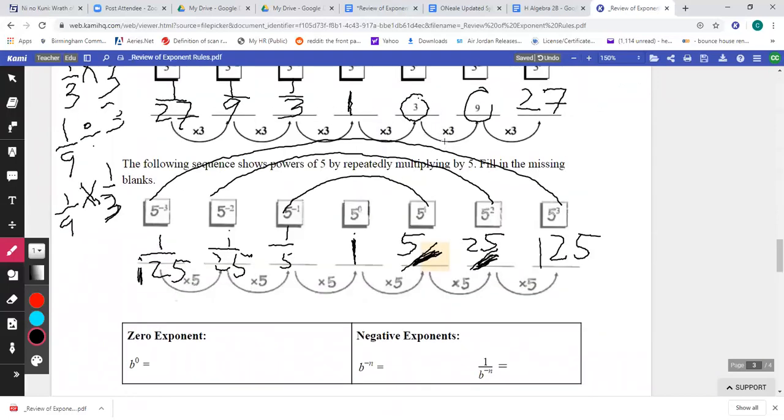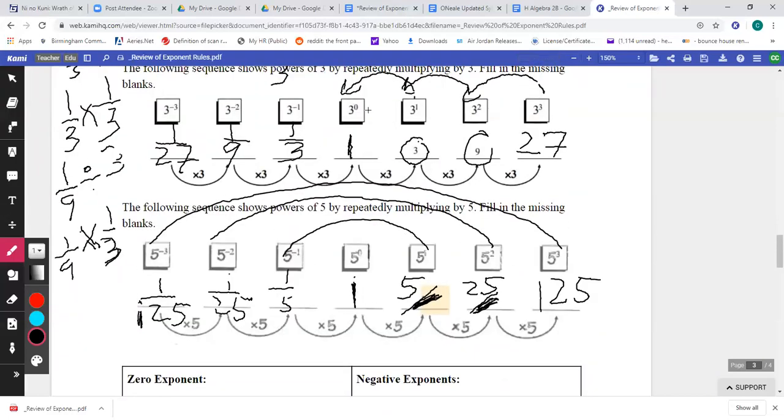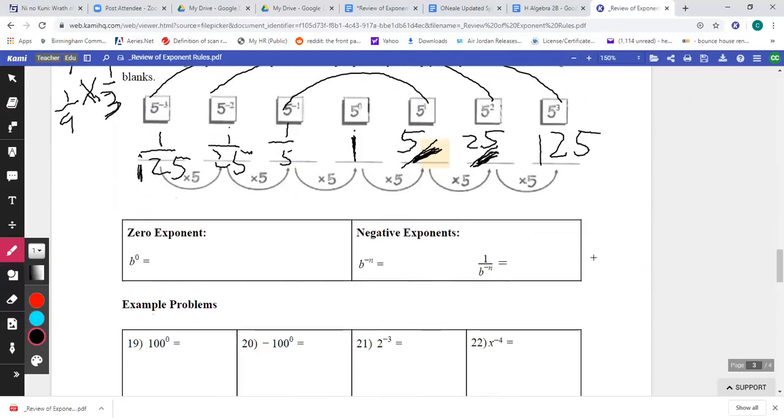Now look at the center. Look at 3 to the 0 and 5 to the 0. Anything to the 0 power is always just going to be 1. Okay. Now, if you see a negative exponent, think of it as you flip the base.